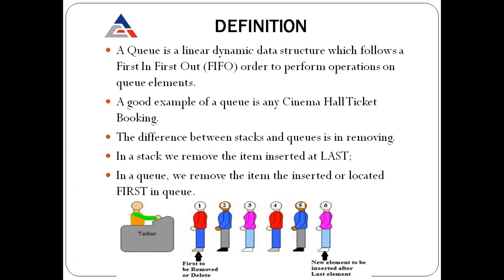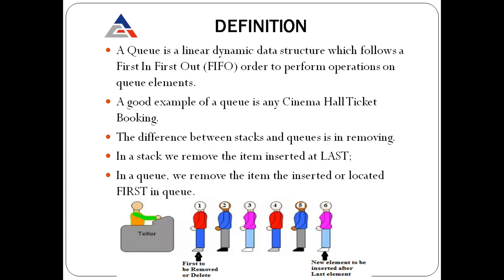So the difference between stack and queue is in removing as well as adding. In a stack, we remove the element inserted last. In a stack, the last element that is added is the first element to be removed. Whereas in the case of queue, we remove the item inserted or located at the first location of the queue. So you can see the image over there.